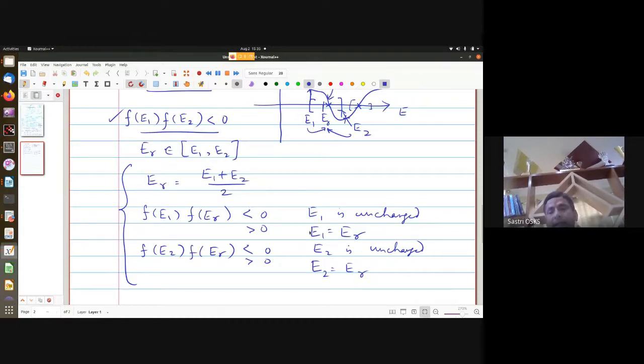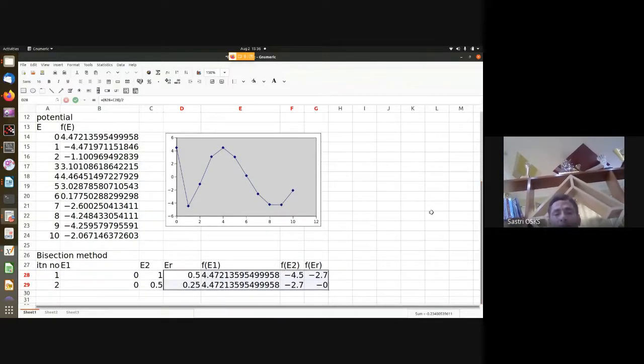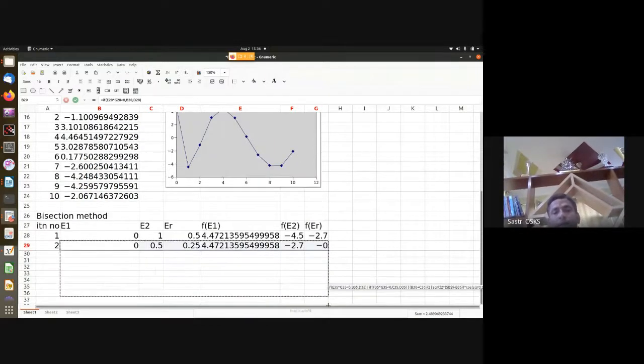If this is greater than 0, that means else, E1 will become equal to ER. Okay. So that's what I implemented. And now these rest of the things have to be just dragged. Okay. Now we are ready, because we have the entire thing with us. So this is the final condition, and this has to be repeated.